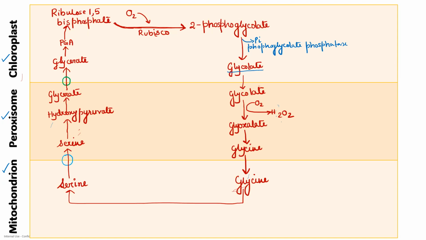This glycolate arrives in the peroxisome where it forms glyoxylate with the help of the enzyme glycolate oxidase. Here, which enzyme comes into play? Glycolate oxidase forms glyoxylate here.